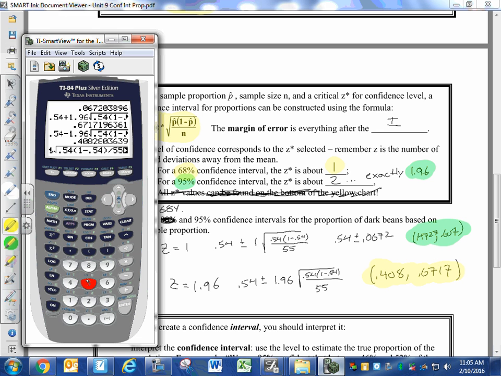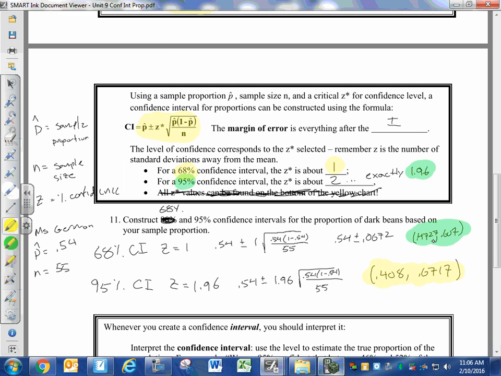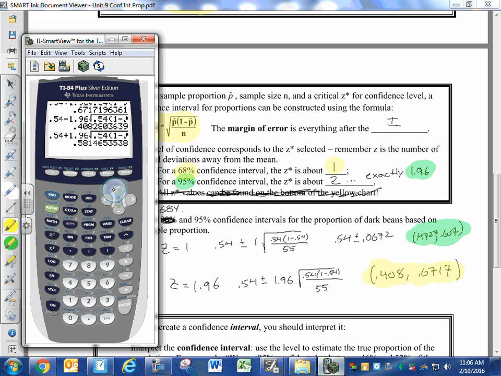Sure. All of a sudden, we go to 0.58 instead of 0.60. 2% less. Significant? Yes, if you think about percentages.